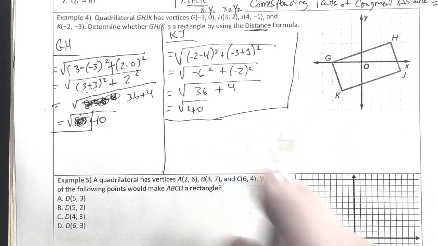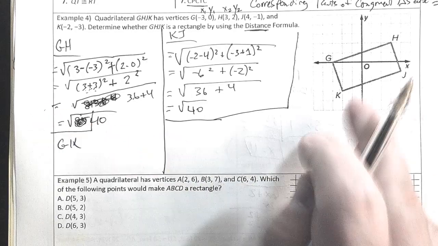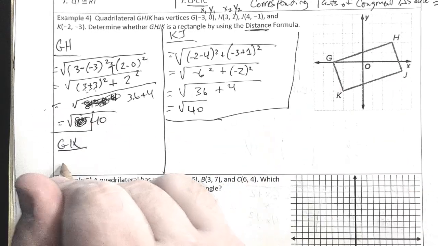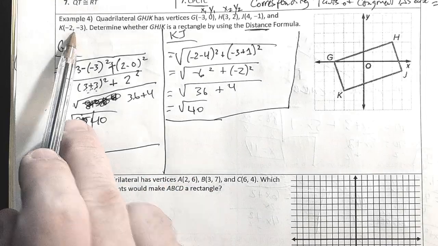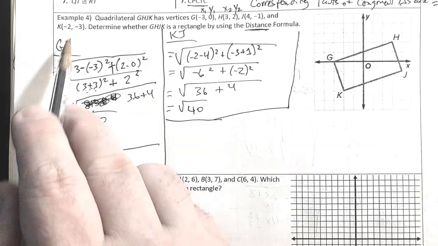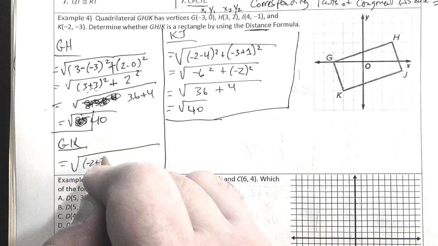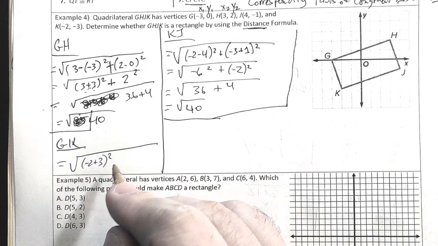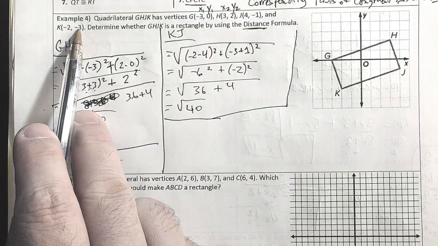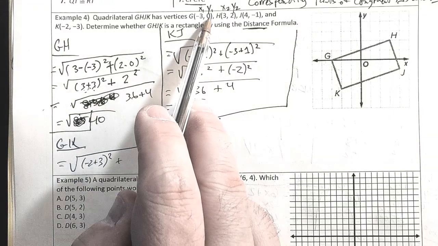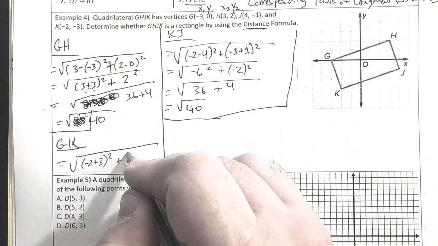All right, GK. So let's see if these two are the same. And it's just twos and ones. So negative 2 minus negative 3, so negative 2 plus 3 squared. And then plus negative 3 and 0, which makes just negative 3.